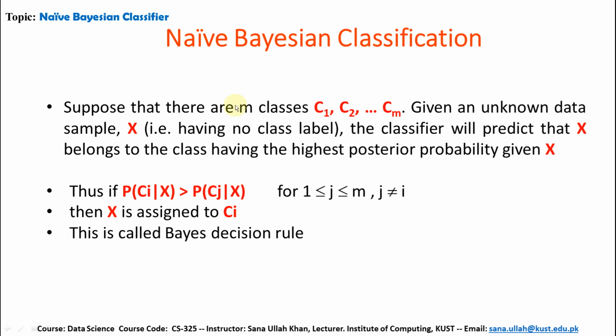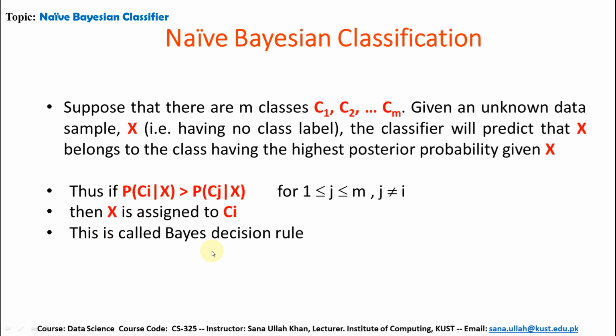Suppose that there are m classes, C1 up to Cm, given an unknown data sample X, i.e. having no class label, meaning it is used for testing purposes. The classifier will predict that X belongs to the class having the highest posterior probability given X. So if the probability of class Ci given X is greater than the probability of class Cj given X, then X is assigned to Ci, otherwise assigned to Cj.